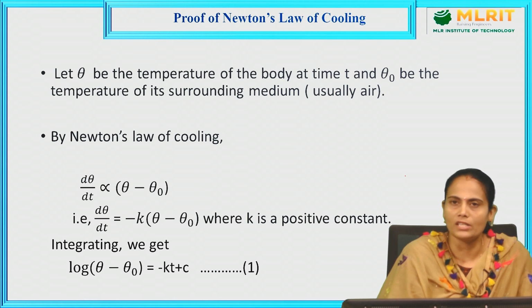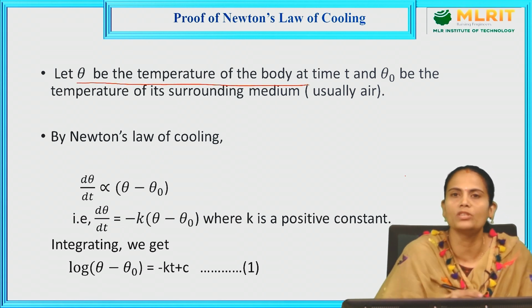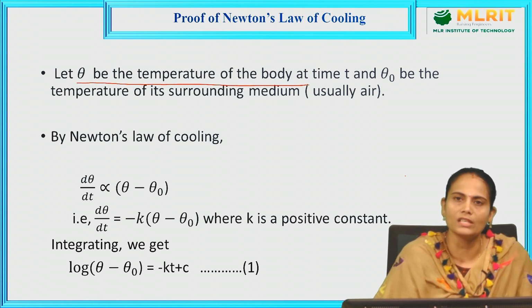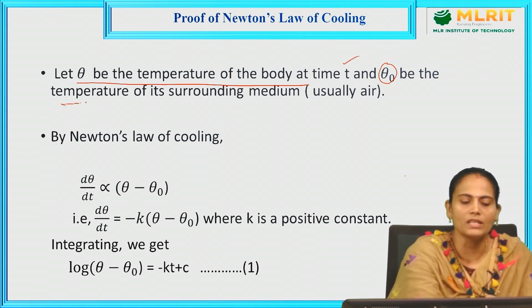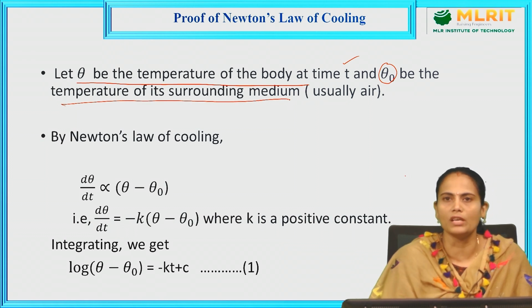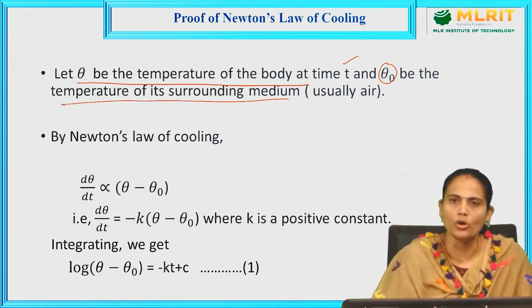Let theta be the temperature of the body at any time t, and theta naught be the temperature of its surrounding medium. The surrounding medium is generally the air temperature.